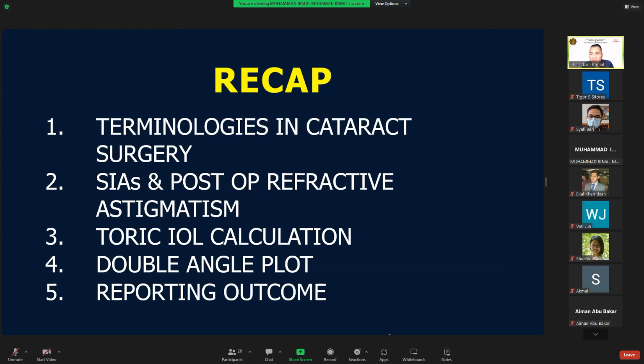Can we go back to your presentation? Just stay there. If you look at this, why this is used in our training is because it gives an overview of just astigmatism. Of course, there is a lot to discuss in each component.